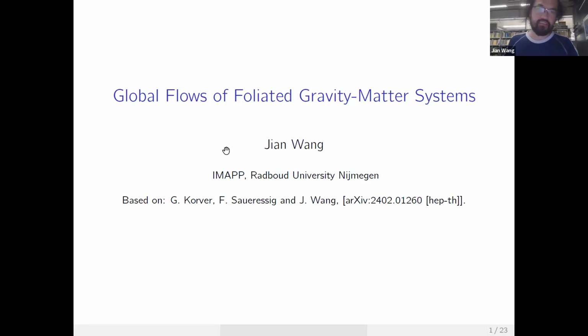So basically in this talk, we'll consider the global properties of the RG flows of the graviton two-point functions for the gravity matter system.